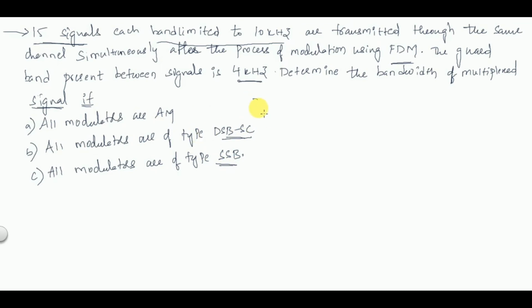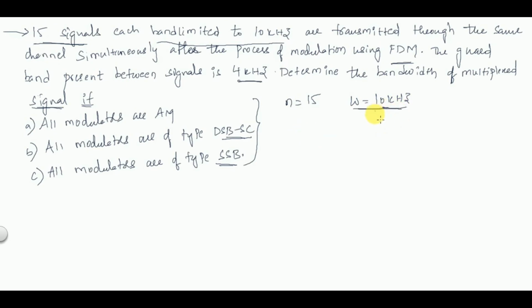So for this, what we require to write is: the number of signals being multiplexed is 15, and the bandwidth of each signal being multiplexed is 10 kHz, that is, the bandwidth of each message signal is 10 kHz.